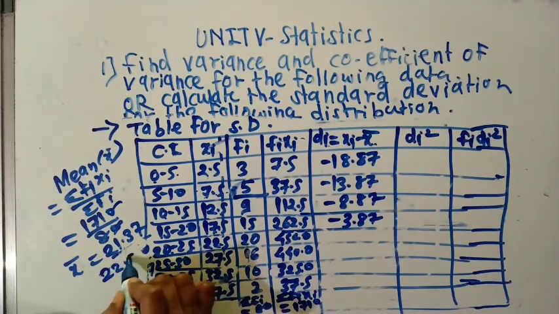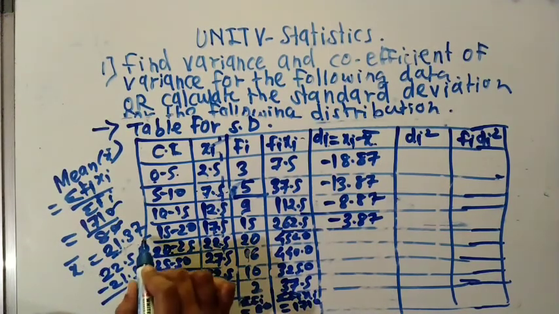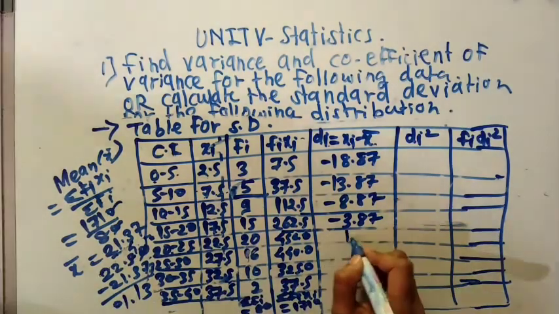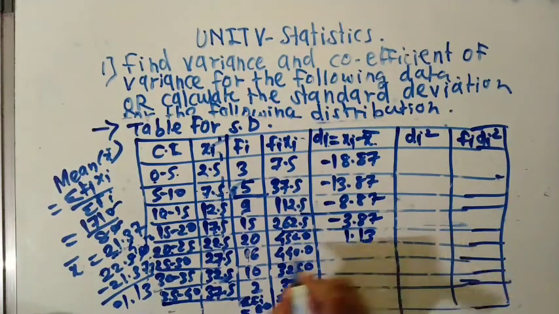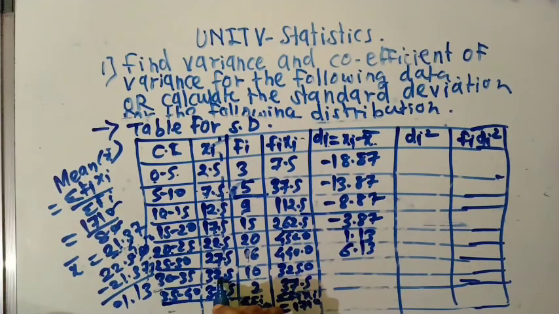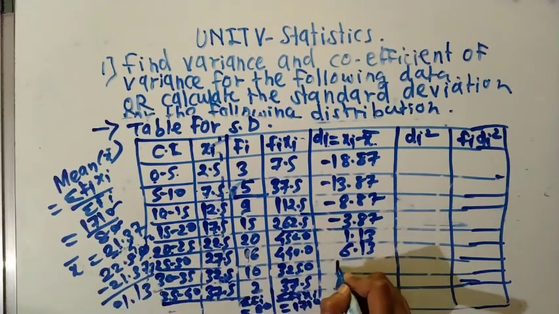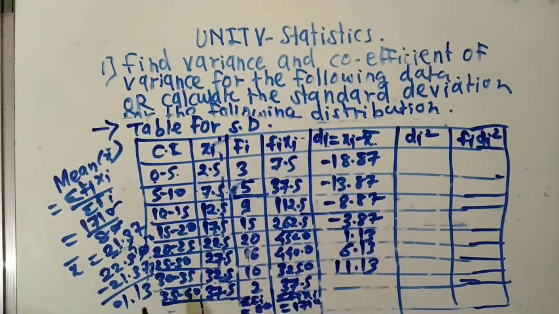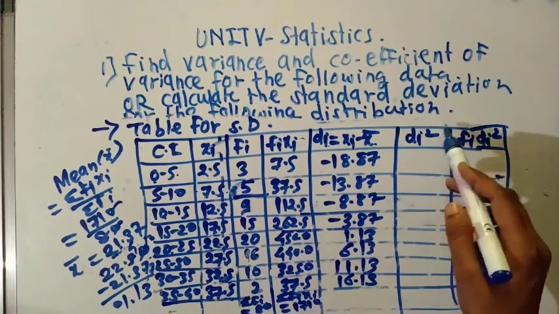Then 22.5 minus 21.37 is 1.13. Then 27.5 minus 21.37 is 6.13. Then 32.5 minus this is 11.13, and 37.5 minus 21.37 is 16.13.